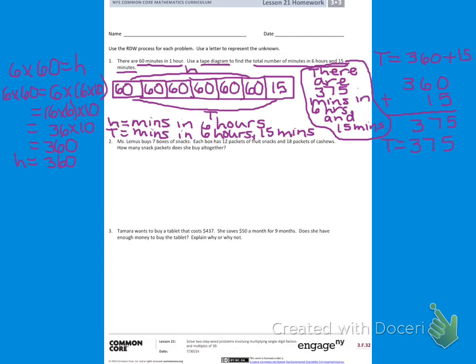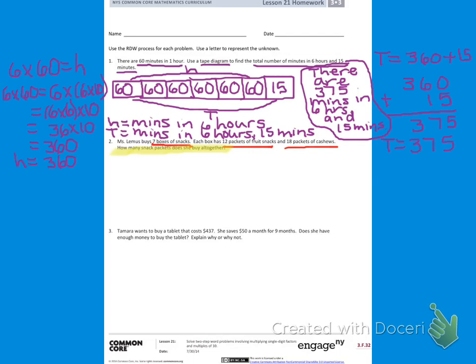Now let's underline the important details. 7 boxes of snacks. 12 packets of fruit snacks. 18 packets of cashews. Now I'm going to highlight the question. How many snack packets does she buy altogether? If you don't have a highlighter, you could use a yellow crayon or circle the question.